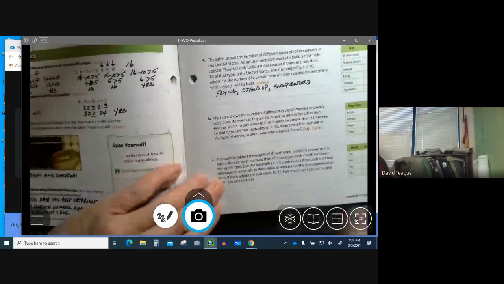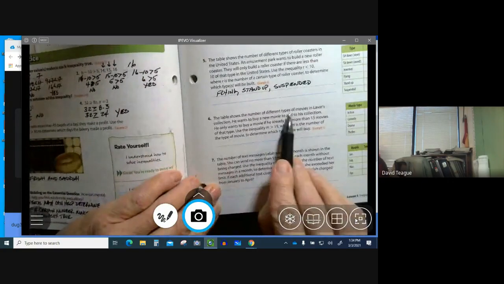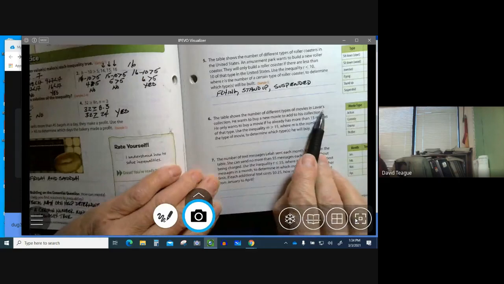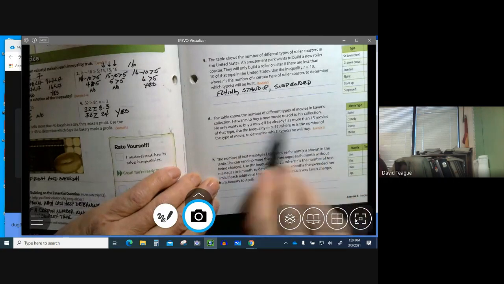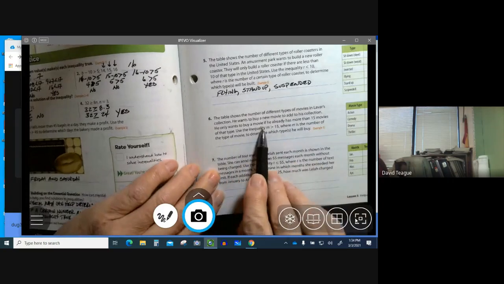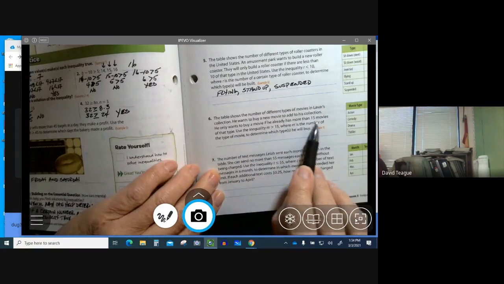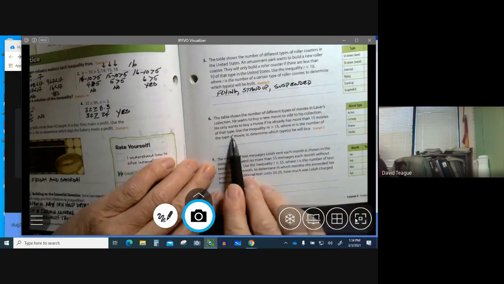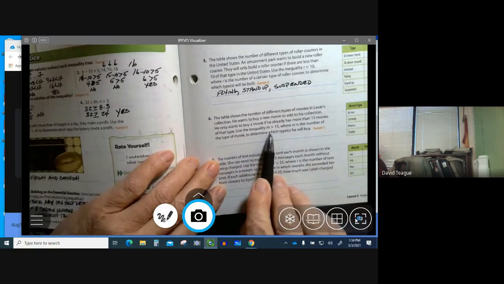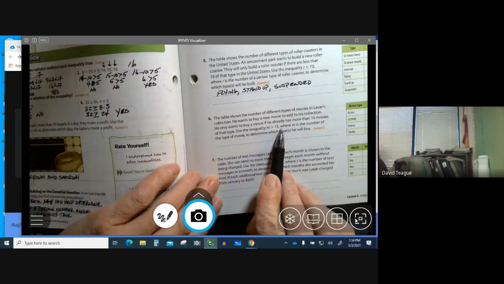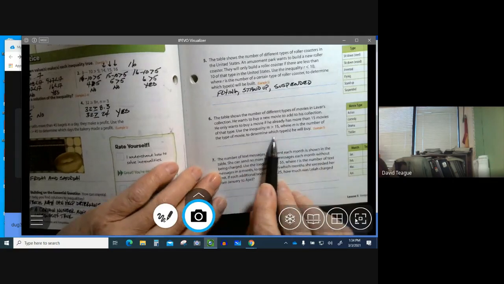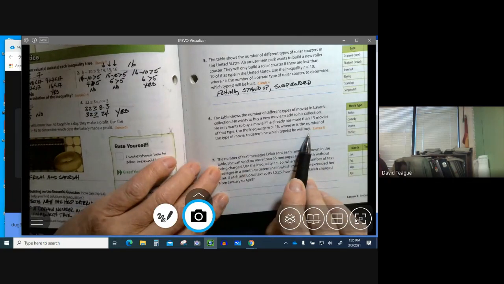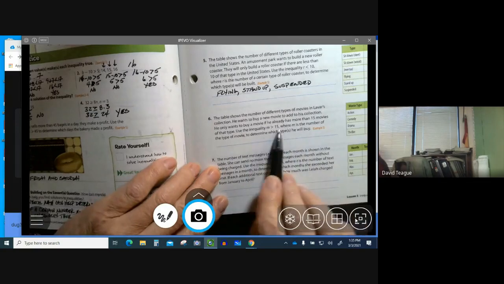Number 6. The table shows the number of different types of movies in Lavar's collection. He wants to buy a new movie to add to his collection. He only wants to buy a movie if he already has more than 15 movies of that type. Use the inequality M is greater than 15, where M is the number of the type of movie, to determine which types he will buy. Okay, so we're going to look at this inequality.